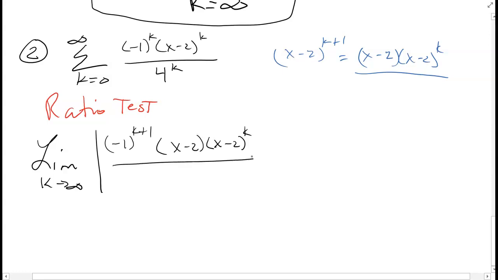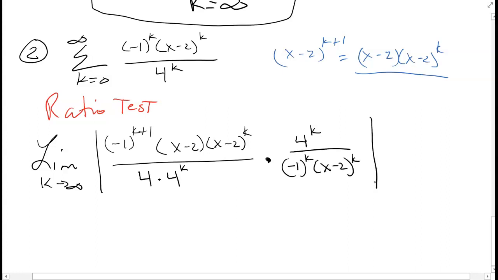All right, divide that by 4 to the k plus 1. Well, 4 to the k plus 1 is 4 times 4 to the k, because that together would make 4 to the k plus 1. Now all you're going to do is multiply by the reciprocal of your regular a sub k, which is going to be 4 to the k. We're just going to reciprocate our original series, negative 1 to the k, x minus 2 to the k. All of that's in an absolute value.